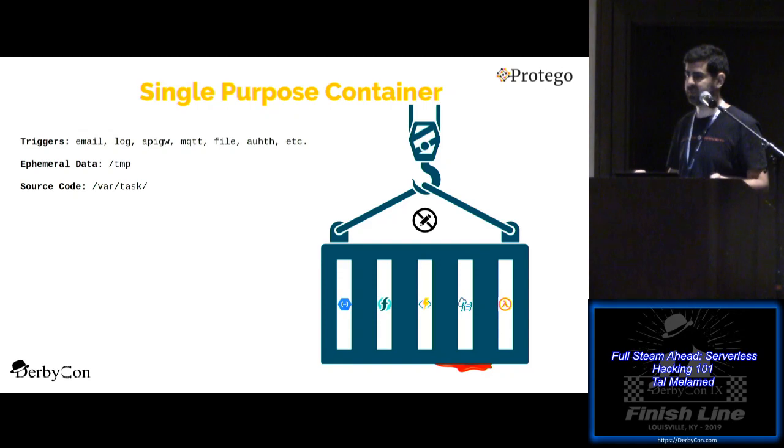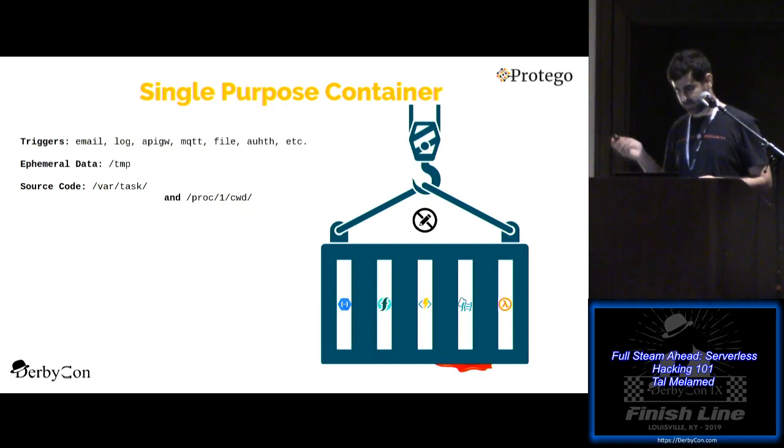It's a Linux environment, or if it's Azure, it's IaaS or different containers. So this is where the source code lives. And again, if you have access to the container, and we'll see how, you want to get there. Also, another link to that same directory is /proc/1.